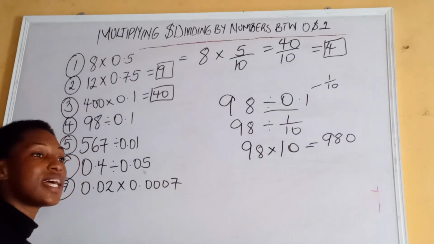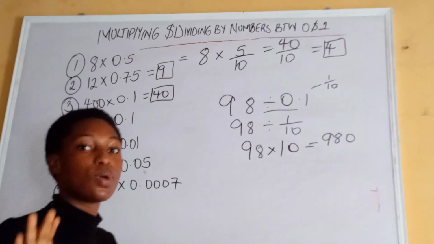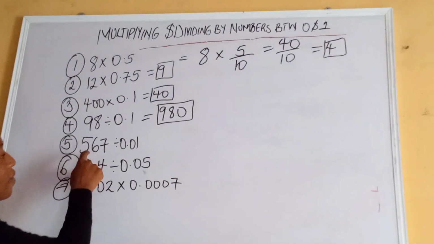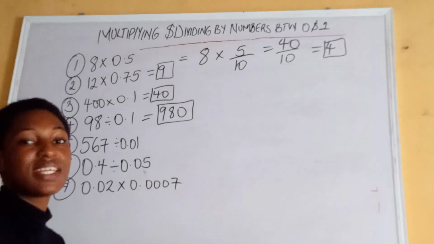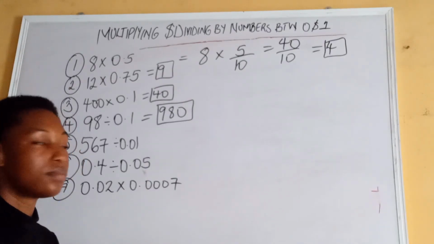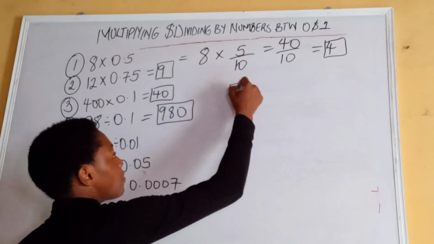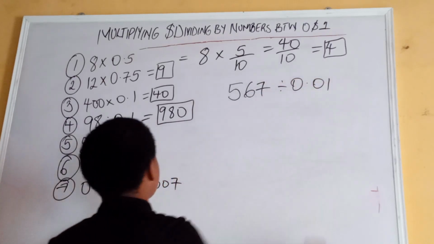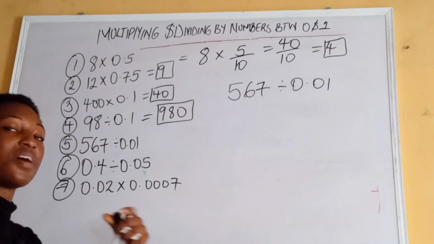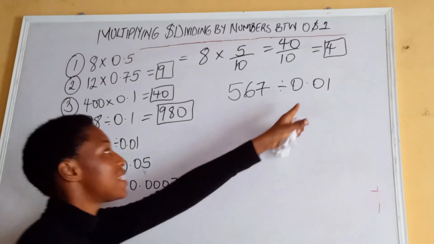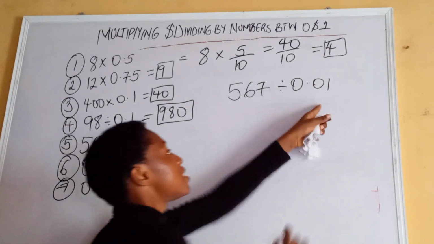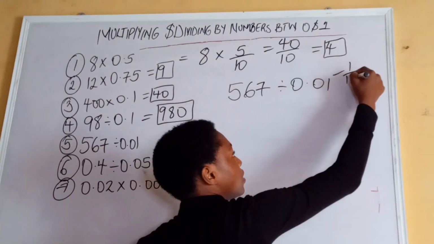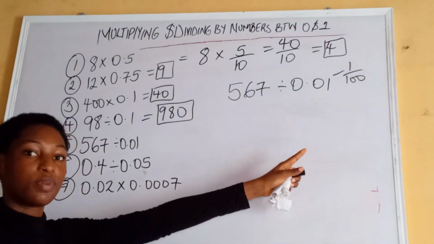So working with numbers between 0 and 1 can be tricky. You have to take your time. Let's take a look at this last one. This one says 567 divided by 0.01. Now, if you are really good with your place value, you know that this here means hundredths. This is 1 over 100. That's the hundredth place value.